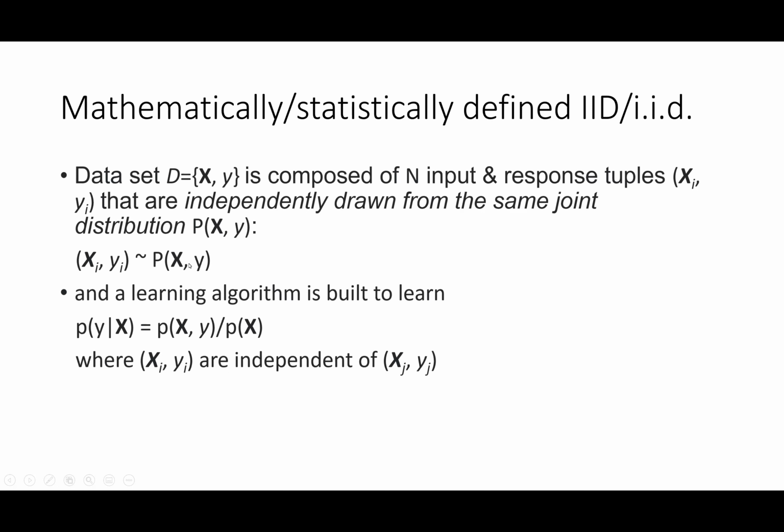That's why we say it's IID. Then the learning task is to learn py given x, using things like the Bayesian rule, so you can derive the posterior. That's a typical mathematical statistical setting for IID.